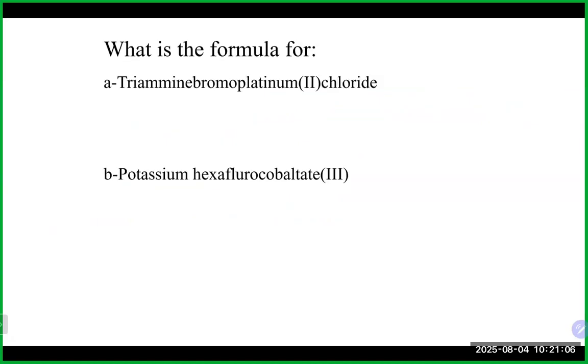All right, a couple more formulas here. Okay, so taking a look at this again, I know my complex ion part, which is through here, is definitely positive as it comes first. I also see just a regular name for the metal, so that tells me it is positive. I'm just going to take the pieces of it and put it together. So triammine means I have basically 3 ammonias.